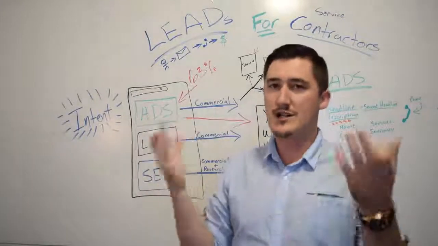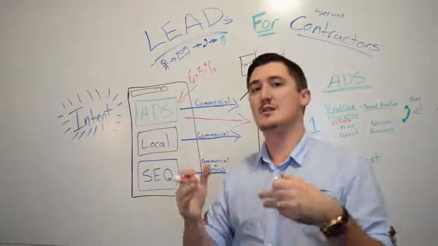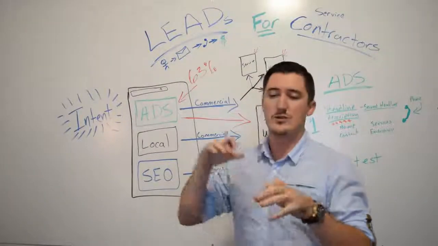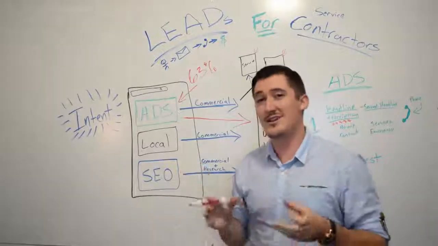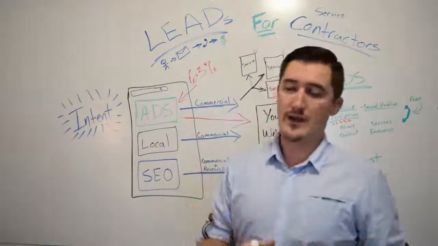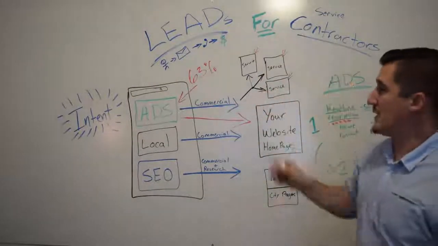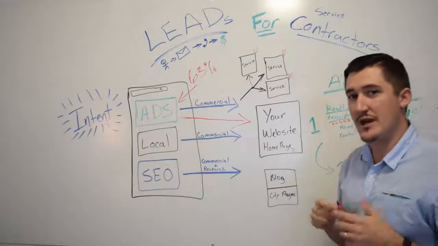Our attention span these days is very, very short. When you send someone to your homepage with all these different things they can click on and escape, you're losing a lot of that traffic. So that's the number one reason people lose money with AdWords and running ads.